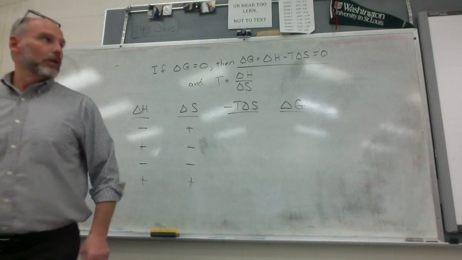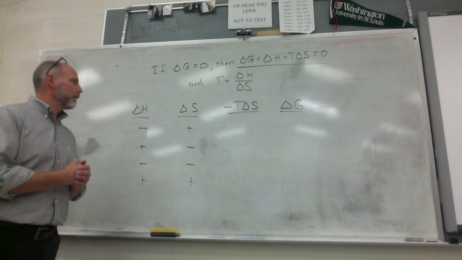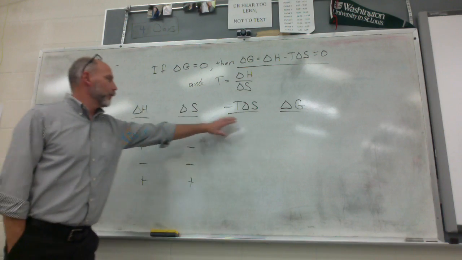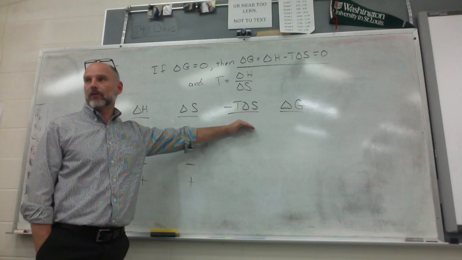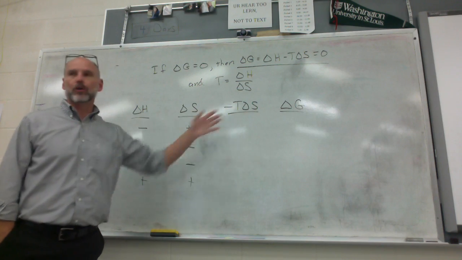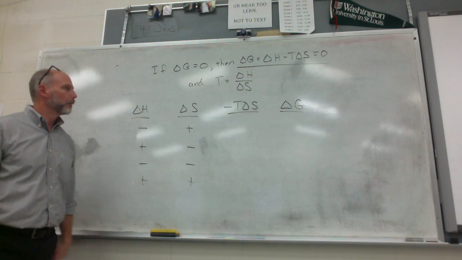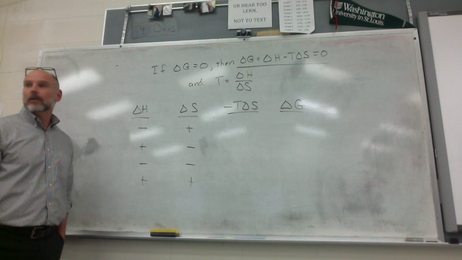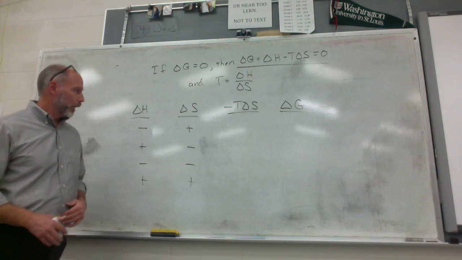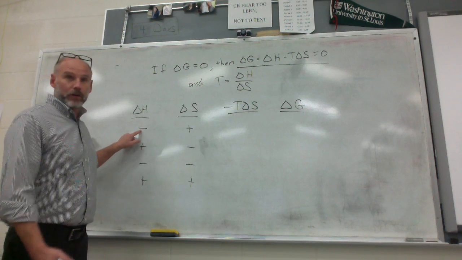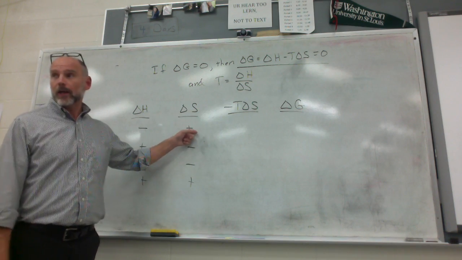Okay. So anyway, with that being said, what is the sign going to be of negative T delta S if this is true? Well, delta H isn't included. Delta S is positive.